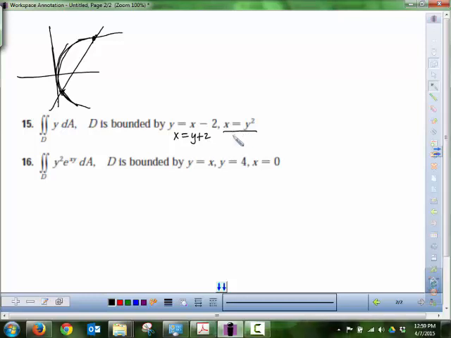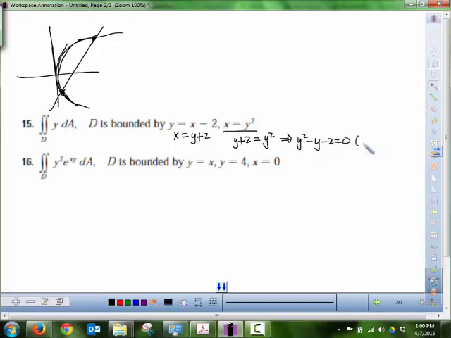And then I would set y plus 2 equals y squared. Set the x's equal to each other. And then get y squared minus y minus 2 equals 0.